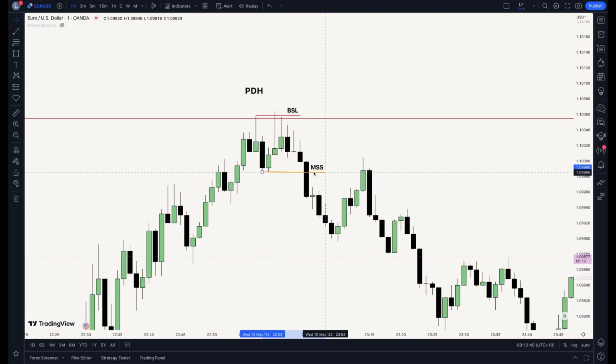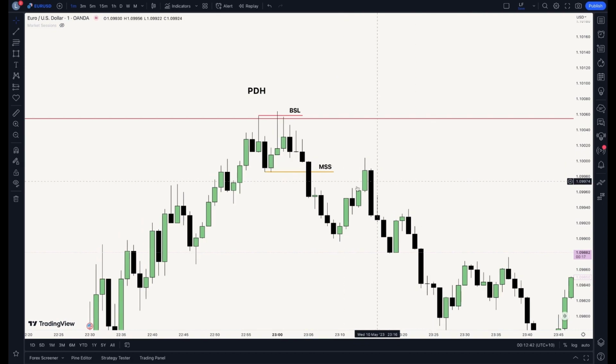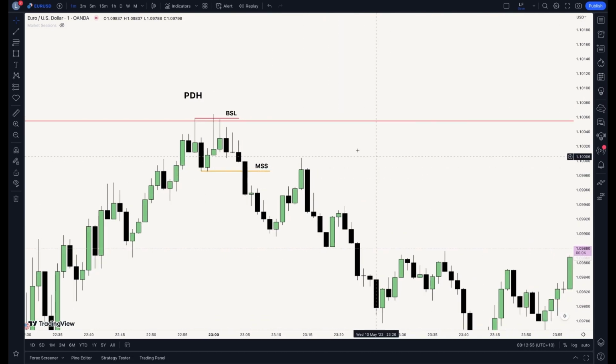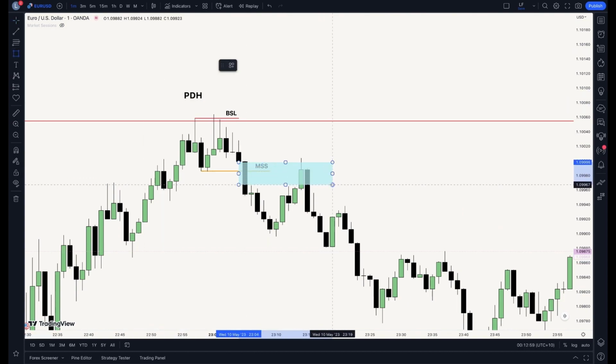Market structure shift. So price made higher highs, higher lows, and then a higher high, and broke market structure. And what did it create? A gap. Fair value gap.